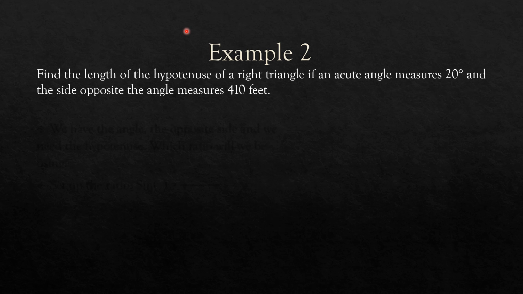Example 2. Find the length of the hypotenuse of a right triangle if an acute angle measures 20 degrees and the side opposite the angle measures 410 feet. We're going to need to draw our triangle to figure out what we want to find.